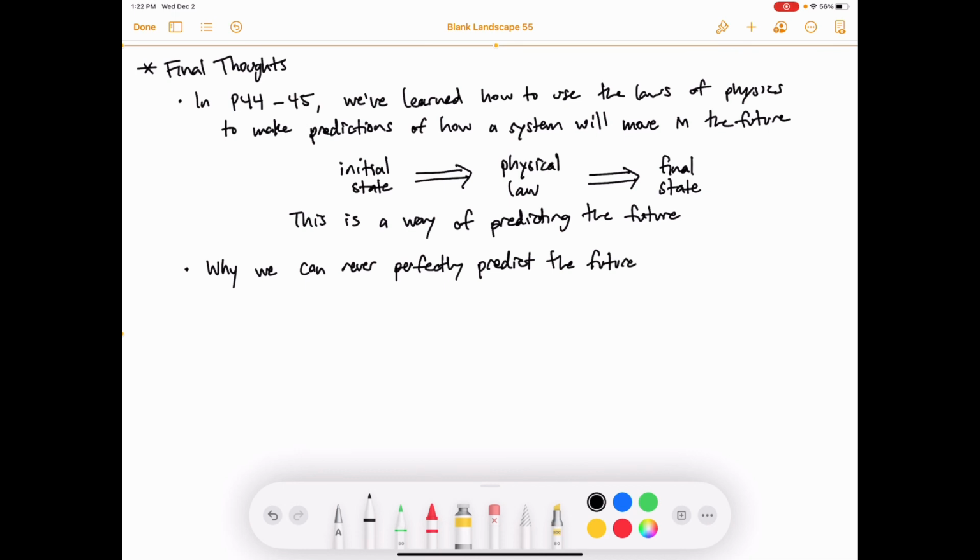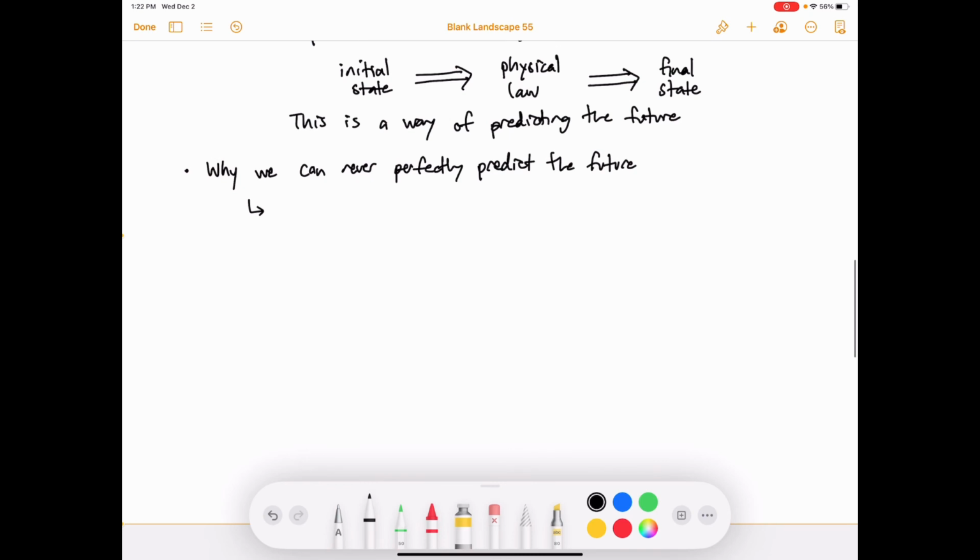And there are two things I want to highlight. Both of these lie beyond the scope of Physics 45, but I think they're really cool ideas that I encourage you to read about if you're interested in this sort of thing. So the first is chaos.